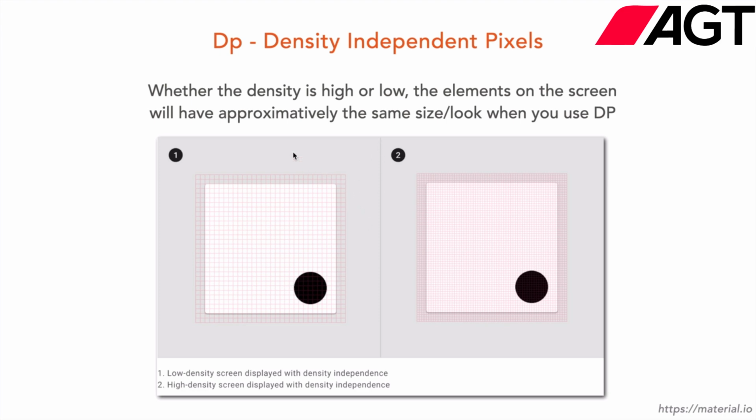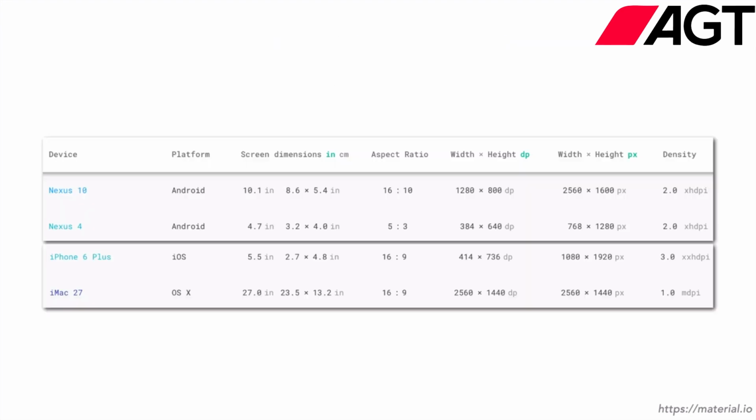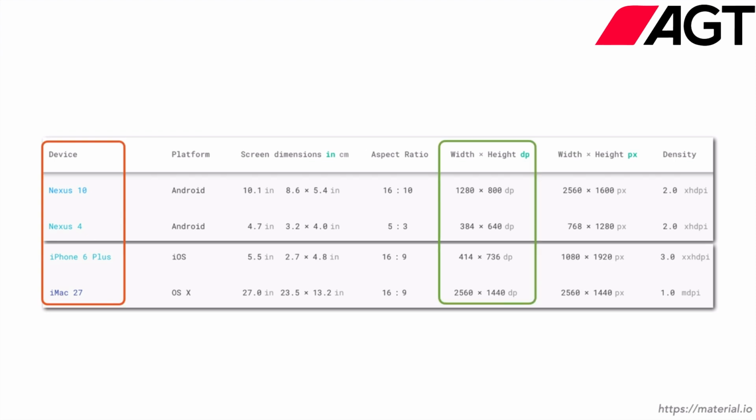So here on the left hand side we have a low density screen, and here we have a high density screen with more pixels packed in the same space. But if you look at this floating action button in the circular shape, it would appear the same size on both the screens.